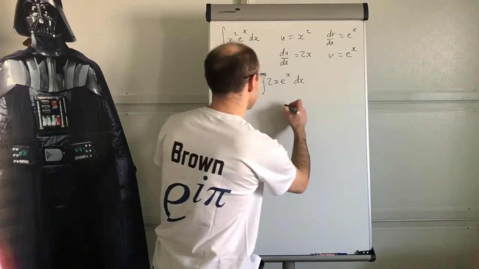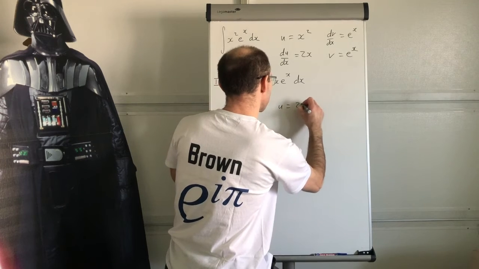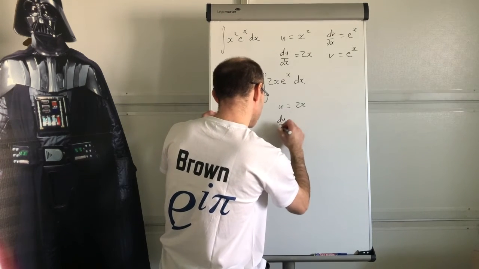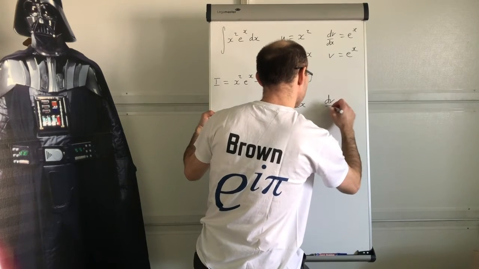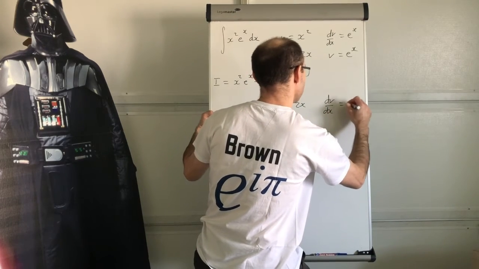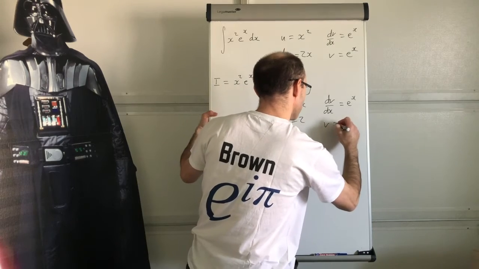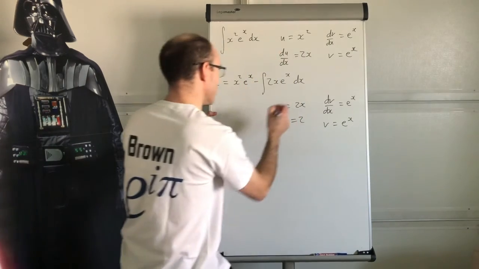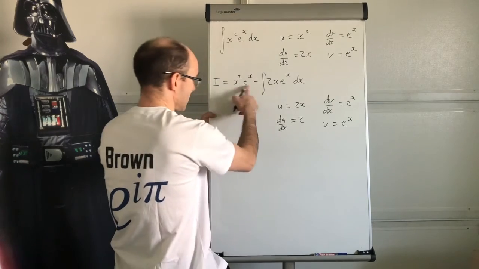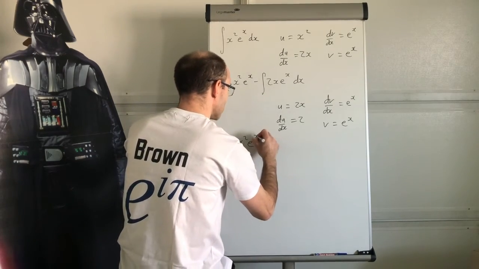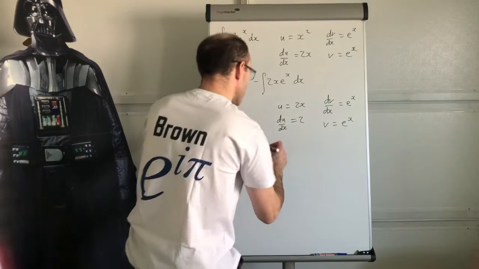So u equals 2x, du dx is equal to 2, dv dx is equal to e to the x, and v equals e to the x. Right, let's go. So remember this is part of our final answer, so x squared e to the x, subtract.